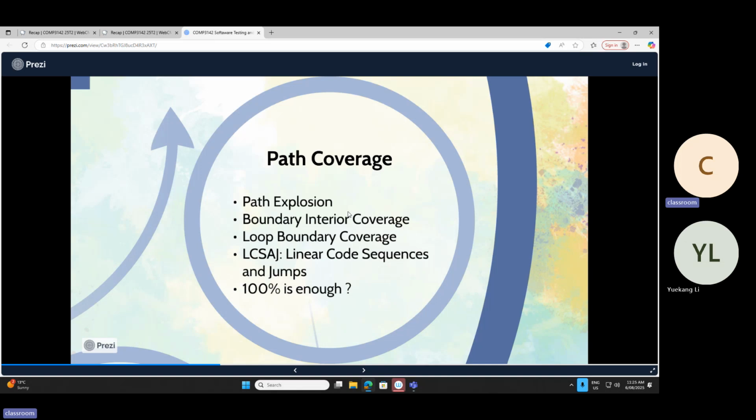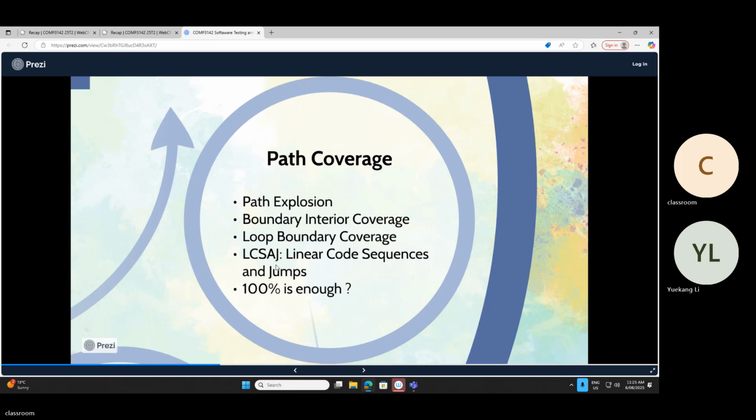We also learned loop boundary coverage, which is related to how many times we enter a loop. And we also have LCSAJ, linear code sequences and jumps.